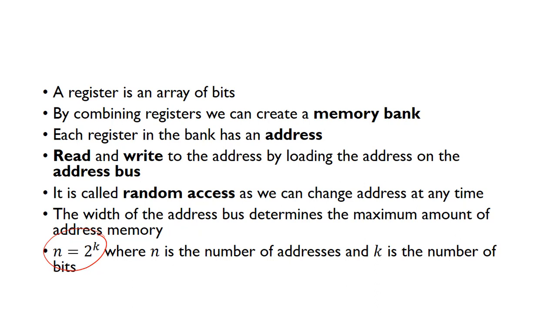For a simple example, with 3-bit addresses, 2 to the 3, we'd get 8 different addresses, from 000 up to 111. So the number of bits tells us how many unique addresses we can create.